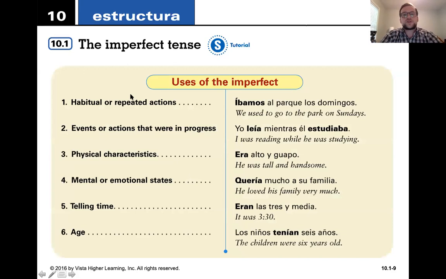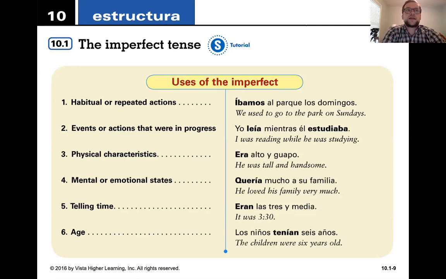All right, so here are some uses of the imperfect, and we're going to do an activity after this. Habitual or repeated actions, like I was saying: we used to go to the park on Sundays. Íbamos al parque los domingos. We used to go to the park on Sundays. Events or actions that were in progress. Yo leía mientras él estudiaba. All right, so if you're just talking and narrating something in the past, and you just want to say he was doing that while I was doing this, right?